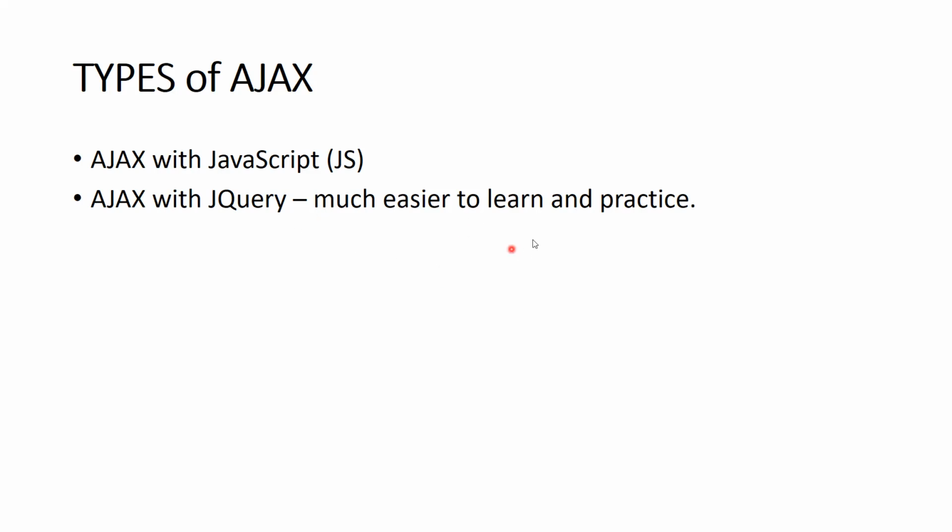This is based on my assumption, okay? Different people may find it otherwise. For example, if you are already an expert in Java and JavaScript, you may find this easier, because you already have knowledge in Java. But if you are a newbie and fresh in programming, I would suggest you go and use AJAX with jQuery.